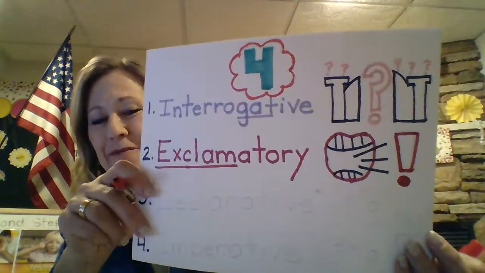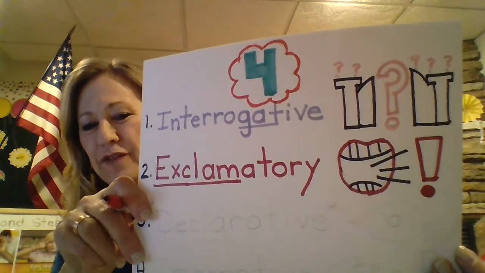Now, when I made my exclamation point, I didn't make it like a rectangle. I gave it a little bit fancier of a shape, didn't I? Yes, I did. So you can do yours however you want. I'm coloring it in because this is a poster, so it's fancy. Okay. So an exclamation point is an exclamatory sentence. All right. And that just means we say it in an exciting way.